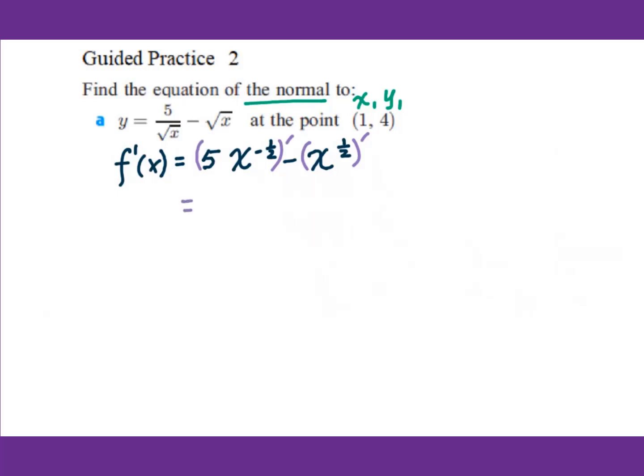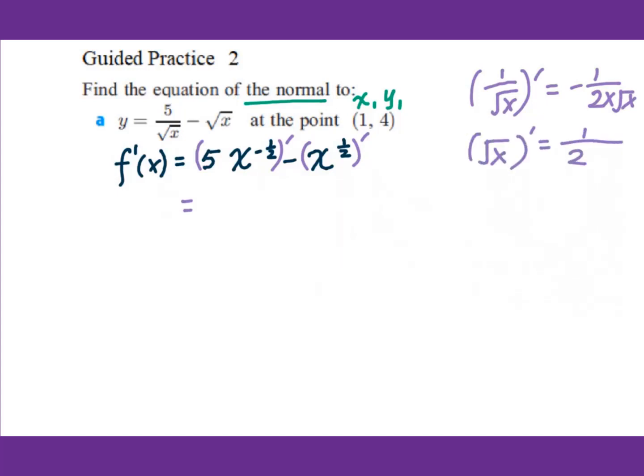And we know that for 1 over square root of x, when we do the derivative, you get negative 1 over 2x square root of x. For square root of x, when you do the derivative, you will get 1 over 2 square root of x. So we use this formula.